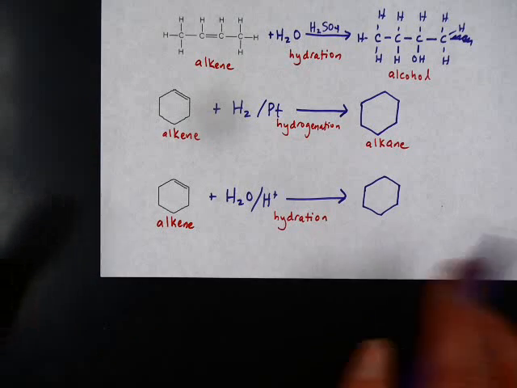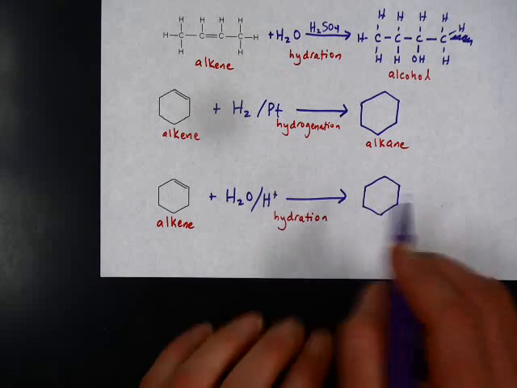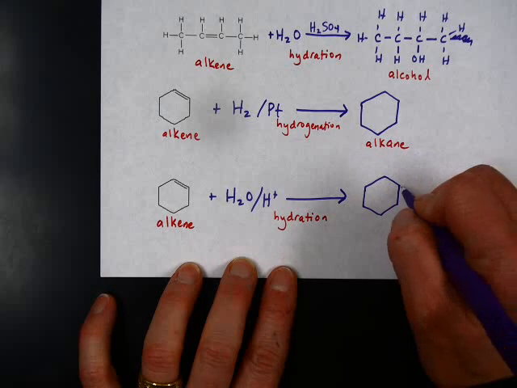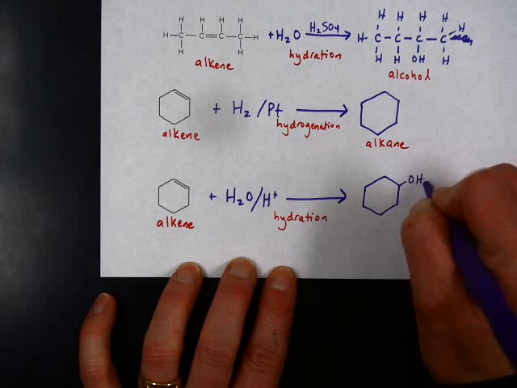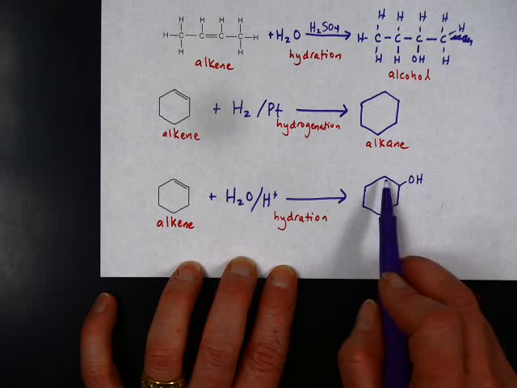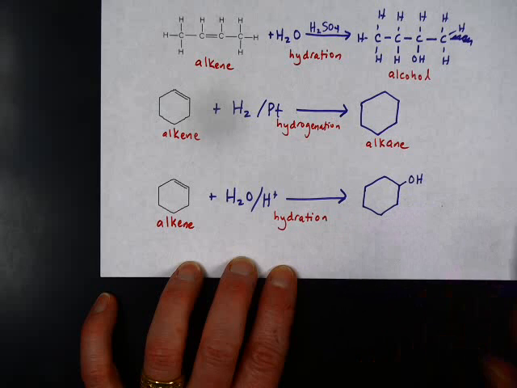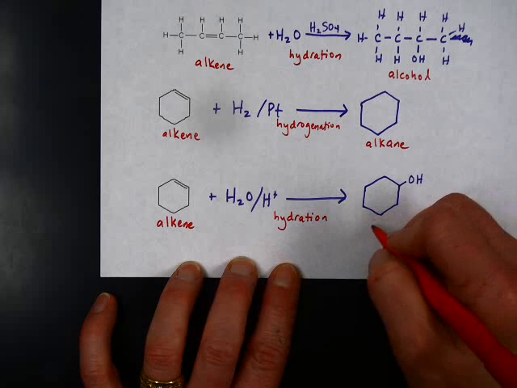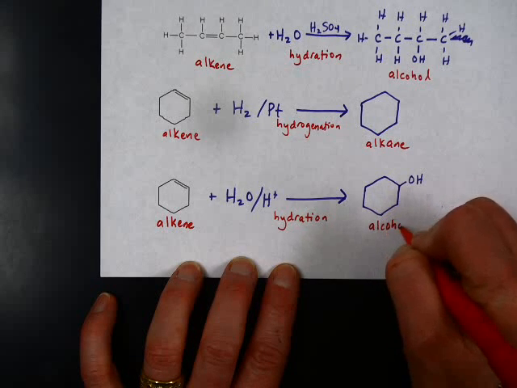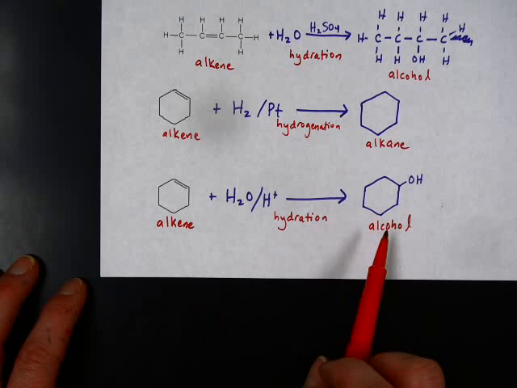Don't change that. All that changes is the double bond turns into a single bond. One carbon gets H, one carbon gets OH. The OH I do need to write. That cannot be left invisible, but the H can be invisible, just like all these H's are invisible. And that, again, helps us see, oh, look, alcohol. When you hydrate an alkene, what you get is an alcohol.